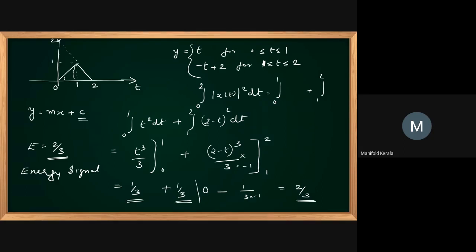Now, I took this problem to tell you one more thing. Actually, I need not evaluate the energy for the second part. It is always going to be the same for this particular shape. That is the idea we need to learn. For example, if I take this particular triangle, see, 0 to 2, 2 to 4. If the 0 to 2 part is repeated as a mirror image on the other side, then this part's energy and this part's energy will be the same.